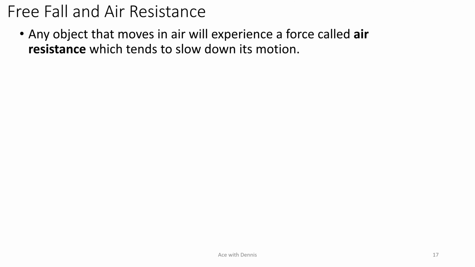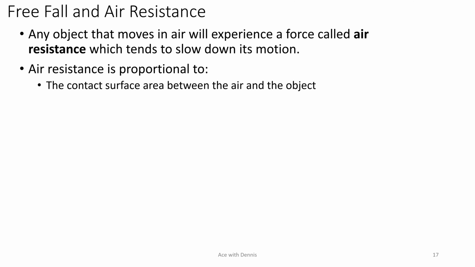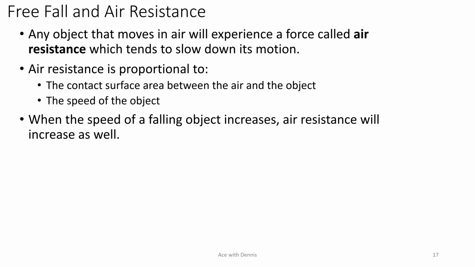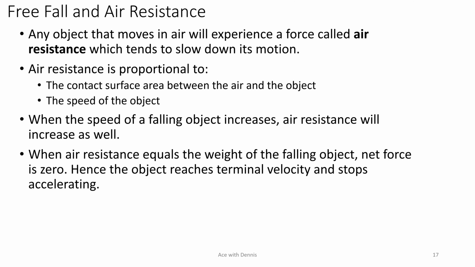Any object that moves in air will experience a force called air resistance, which tends to slow down its motion. Air resistance is proportional to the contact surface area between the air and the object, and the speed of the object. When the speed of a falling object increases, air resistance will increase as well.